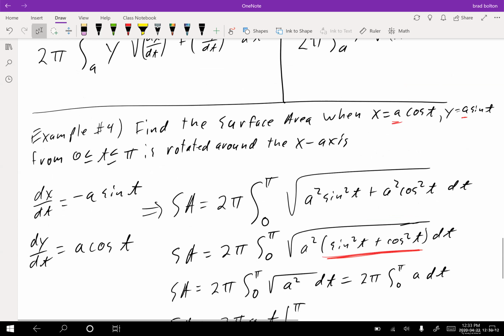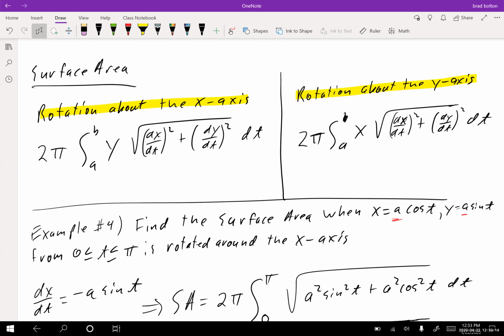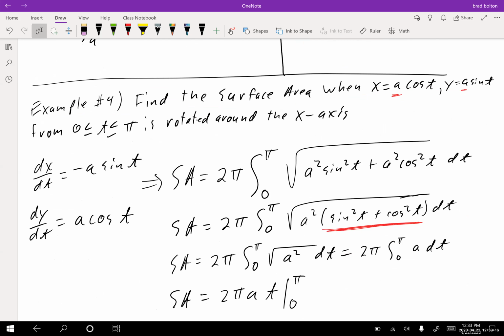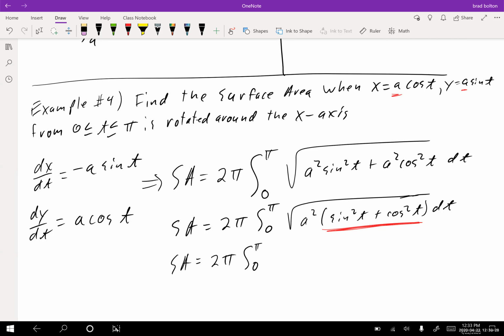If it's rotated around the x-axis, we use y. So we know in this particular problem, y is worth a sine t. So let me go back to here. There's actually supposed to be a sine t here, and I'm just going to erase it all.